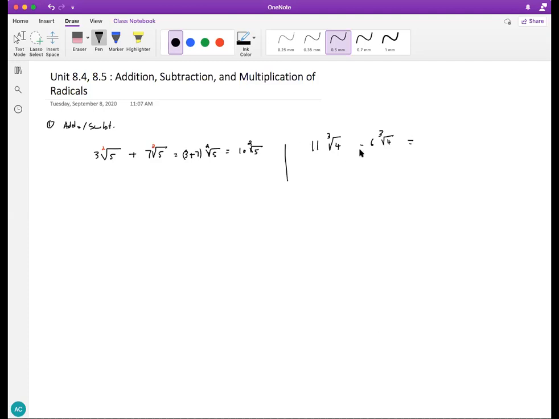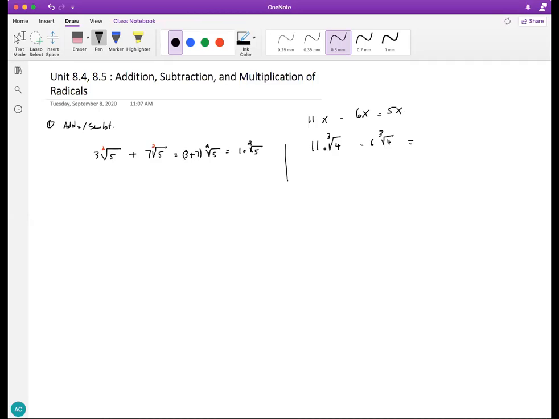And we just add or subtract the leading number. This is 11 times this, just like saying 11x minus 6x, the same thing, x. We subtract these by doing the subtraction: 11 minus 6 is 5x. Same thing with the radical.